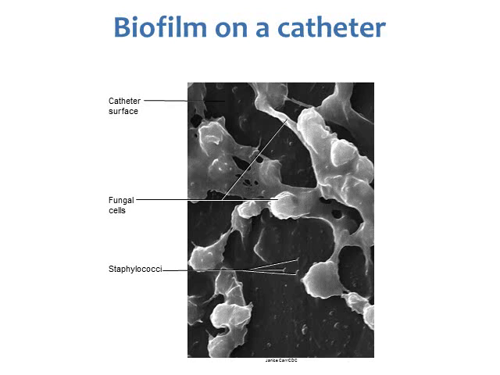A biofilm can be composed of bacteria cells. So we have a Staphylococcus species of bacteria on this catheter. It can also include fungal cells, so other types of microorganisms. A biofilm is basically just a bunch of different microorganisms sticking together, forming this film.